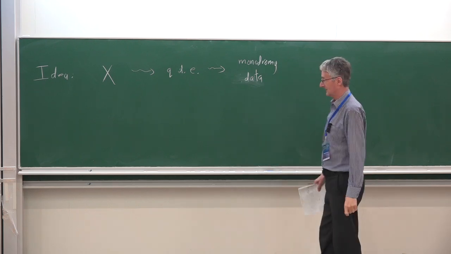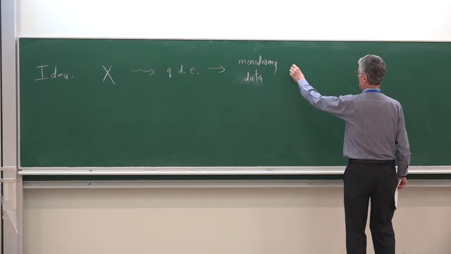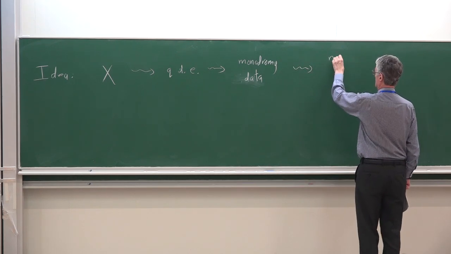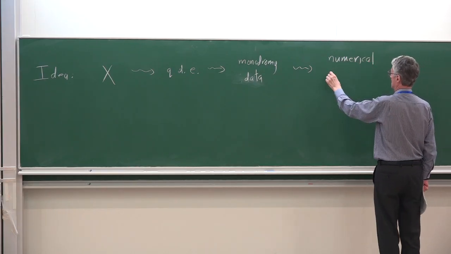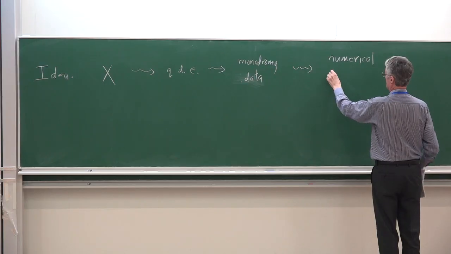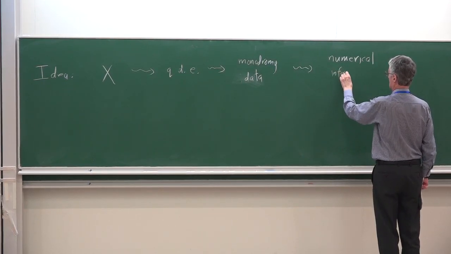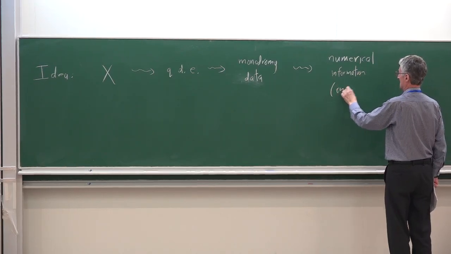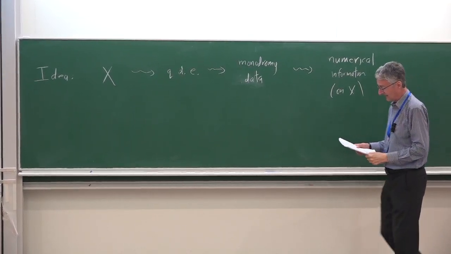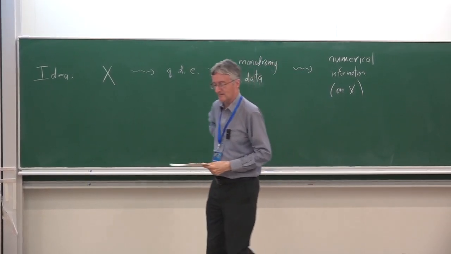of this differential equation. And from the monodromy data, we can extract some numerical information about X. I'm not talking about Gromov-Witten invariants.